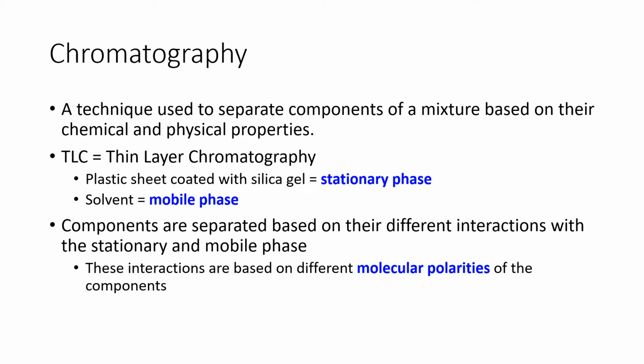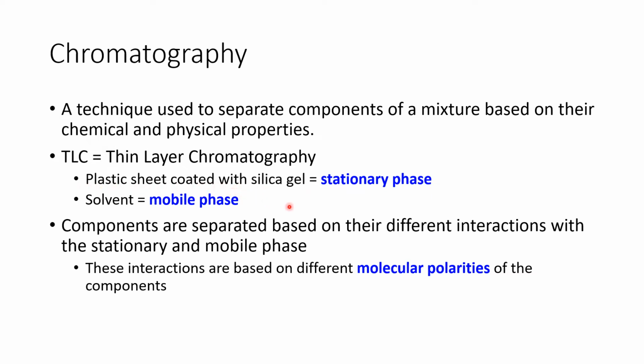We'll have to separate them using the chromatography technique. There are different types of chromatography, like column chromatography, gas chromatography, and thin layer chromatography. Thin layer chromatography is what we're using in this lab. The thin layer is actually a layer of silica gel that's coated on a plastic sheet.